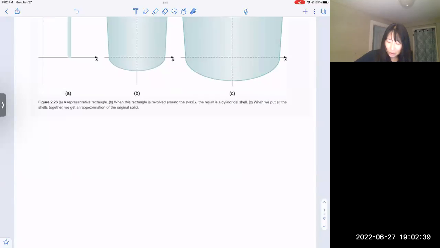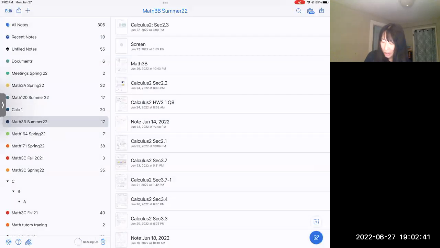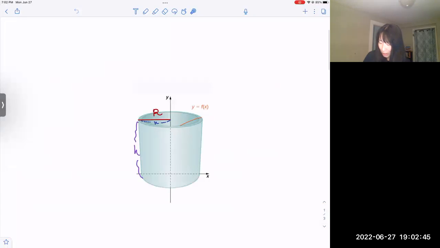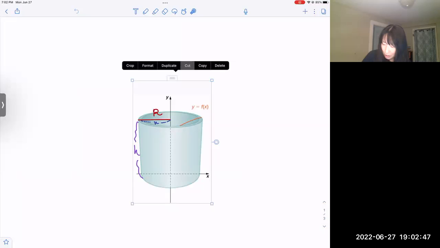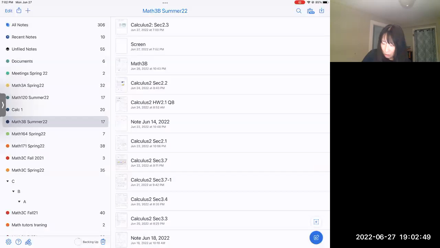Let me bring another picture because I'm not good at drawing. I'm trying. All right, so this is cut. We call this a cylindrical shell.